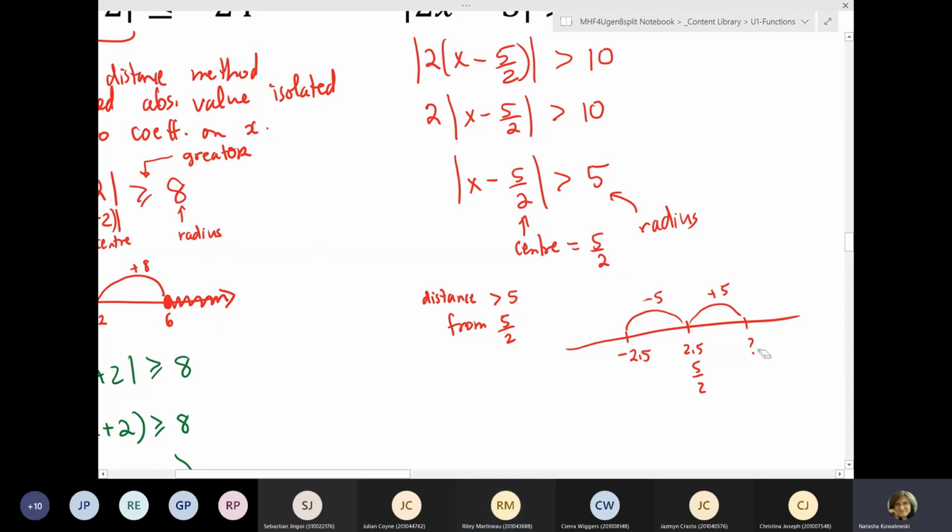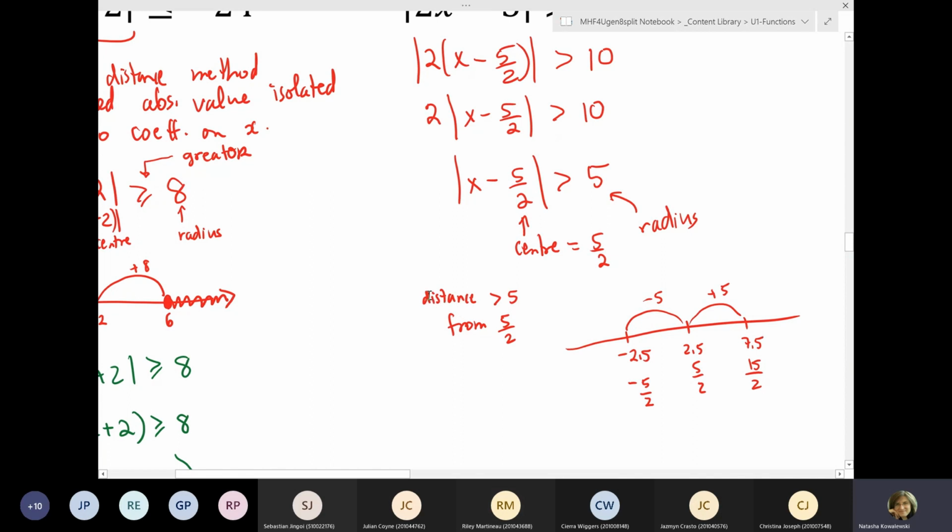-2.5 and +7.5. What would that be as fractions? -5/2, and what is 7.5 as a fraction? Something over 2. 15/2. 15, yeah. So it's better to actually leave it as fractions. Anyways, I didn't shade anything yet.